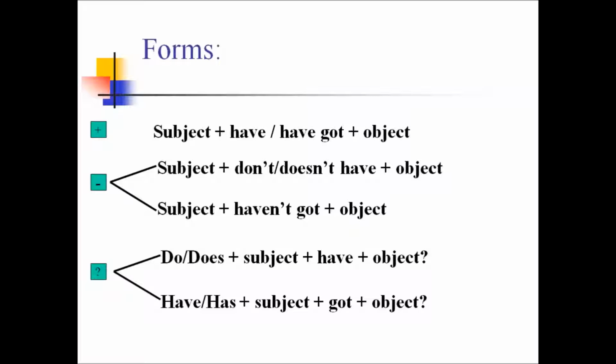Okay, I suggest you make 5 sentences using each form. For example, have got in the affirmative form, you make 5 sentences. Have got in the negative, make 5 sentences.